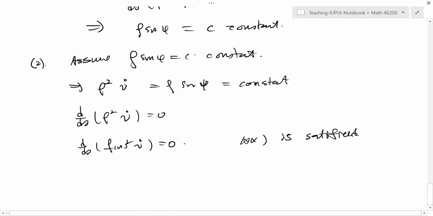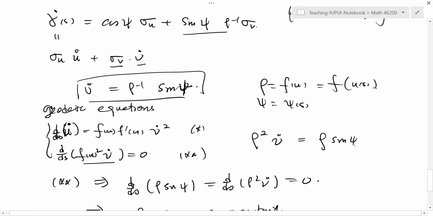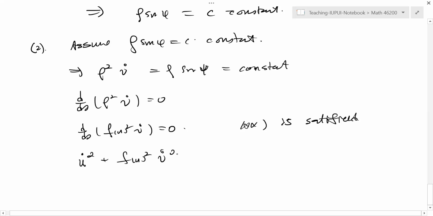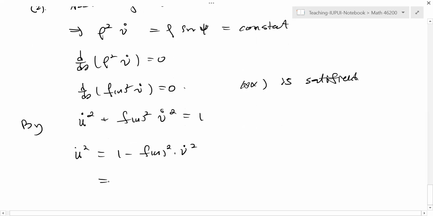All right, so how can I do that? Well, we haven't used an assumption. Yes, this is a unit speed curve, so this assumption. By this assumption, I get u dot square is 1 minus f of u dot v dot square.